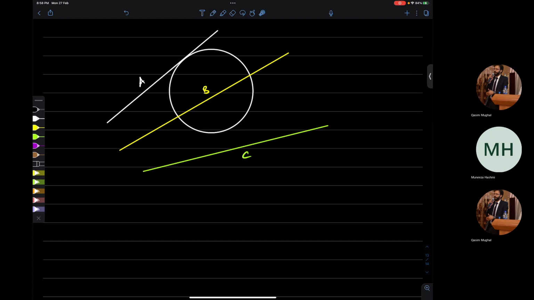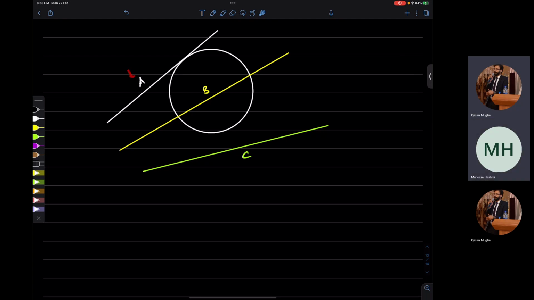If I want to ask you what lines A, B, and C are, how would you explain it to me? Line A is the tangent to the circle.